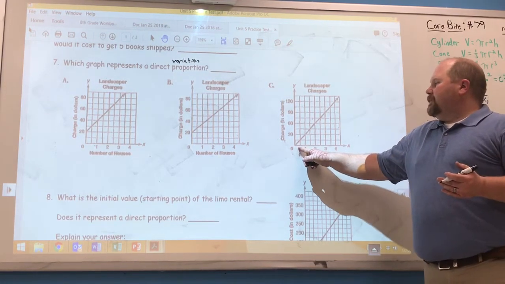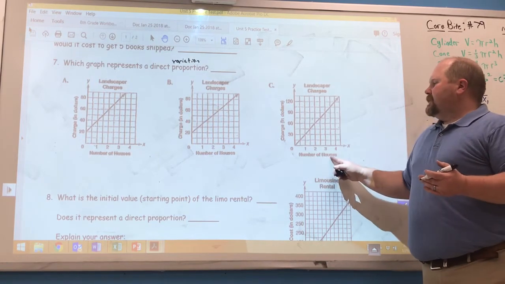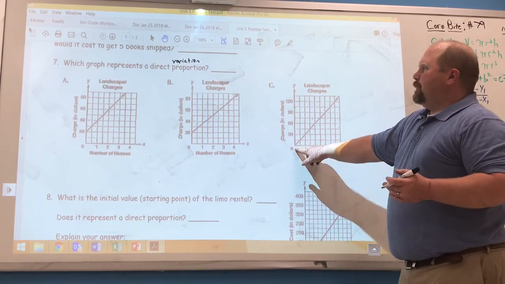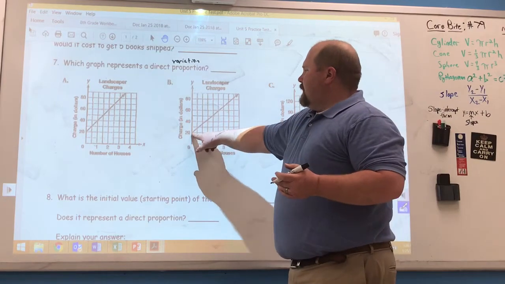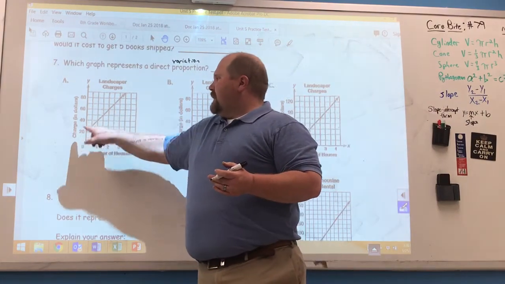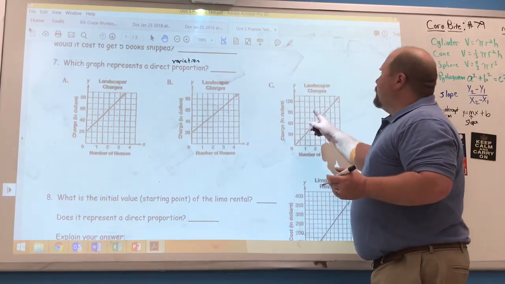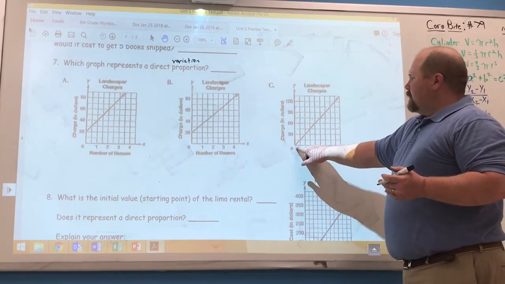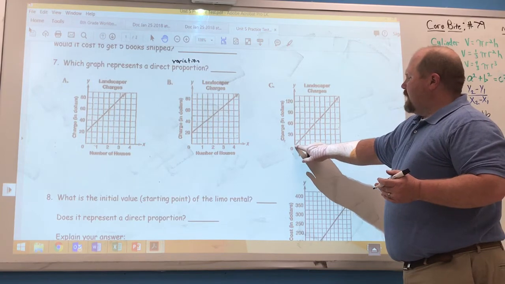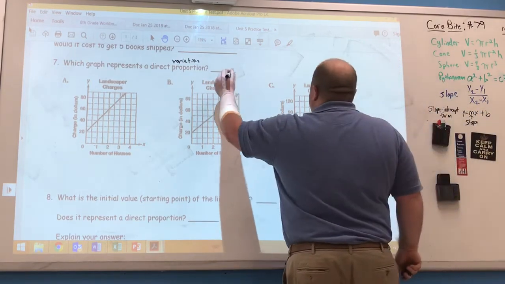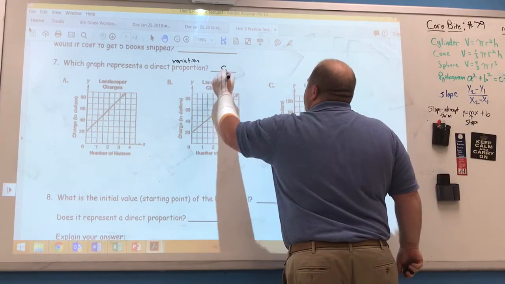And you can see in choice C, it starts at 0. Choice B starts at 20. Choice A also starts at 20. So choice A and choice B are eliminated. Choice C is the direct proportion or direct variation because it starts at 0. And it is a linear function. So choice C.